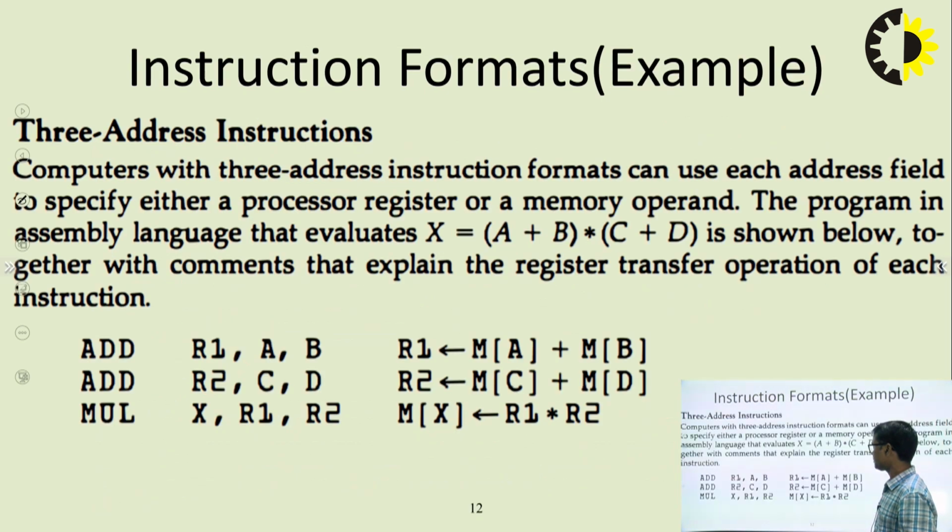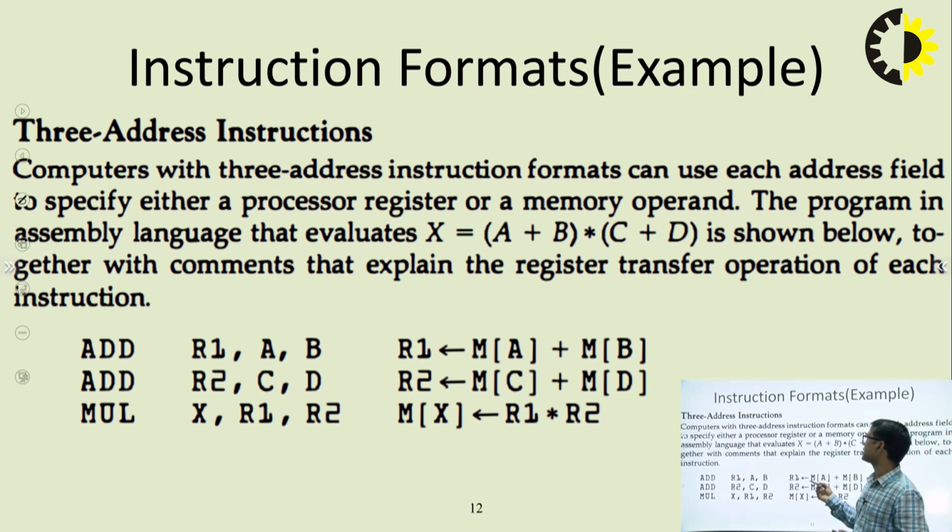Fine. Now, in terms of performance of the program, we should understand that each and every format will have different lines of code in the assembly language program, and that will impact the performance of the computation in terms of time.